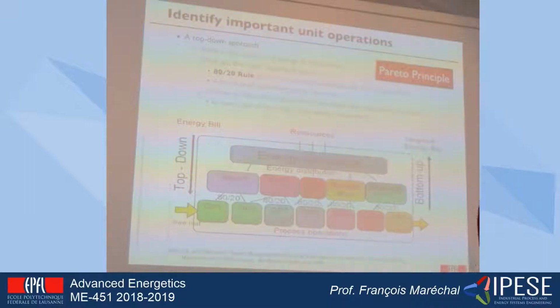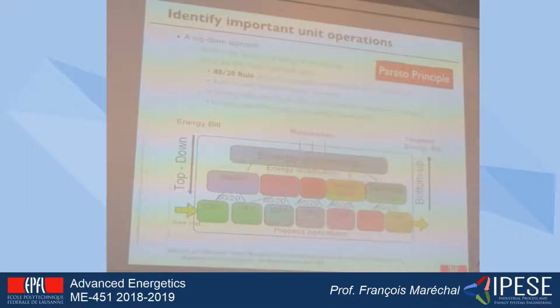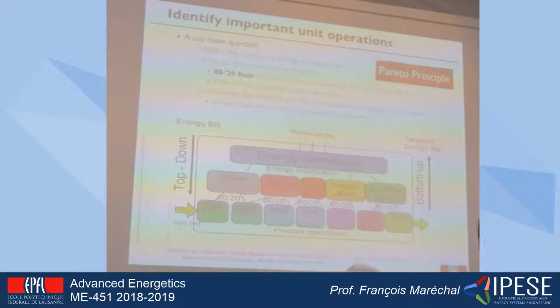I'm buying water and I'm distributing cooling water in the system. Okay? So if you then look at the way energy is used in the process unit operation, and you identify the vectors that are supplying this energy to the process, then what you can do is to look at what we name the energy drivers.